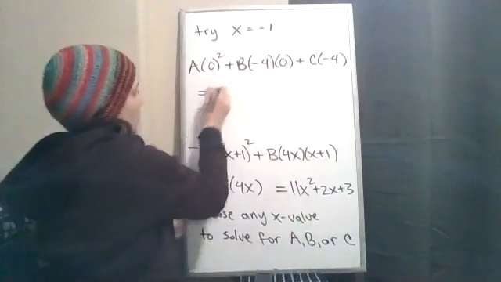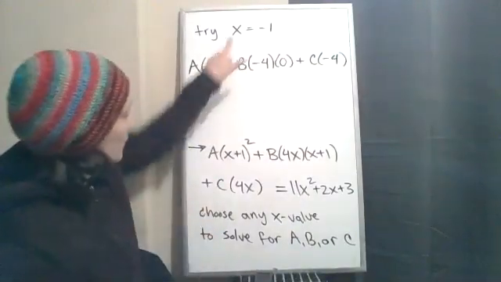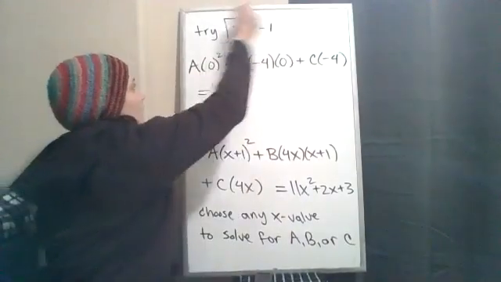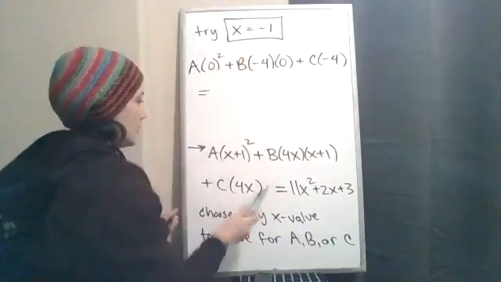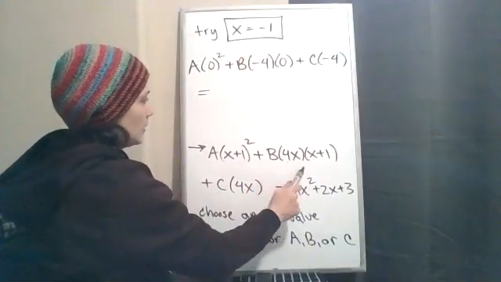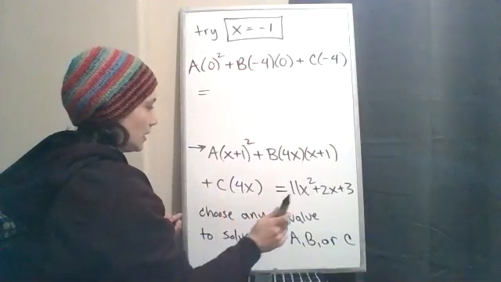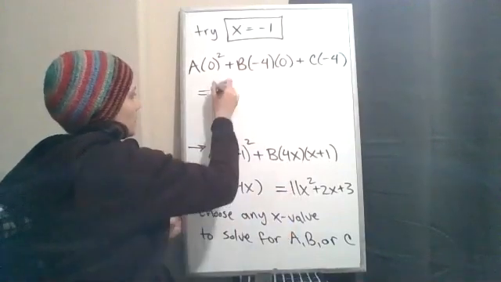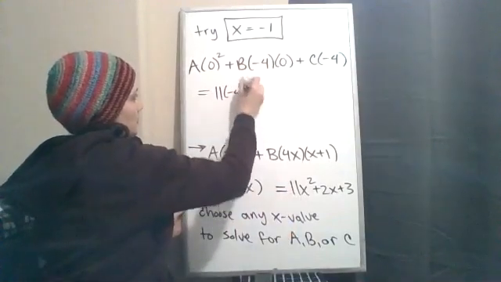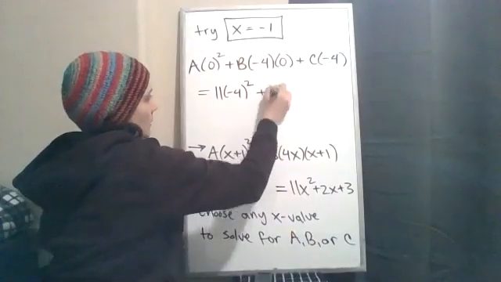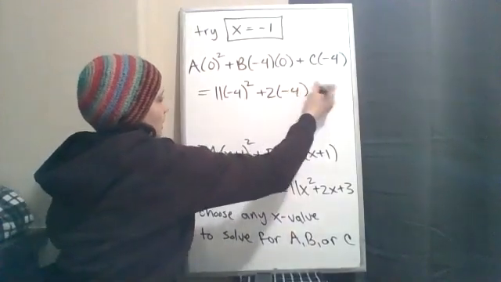Okay, equal to -4 squared, 2 times -4 and add.